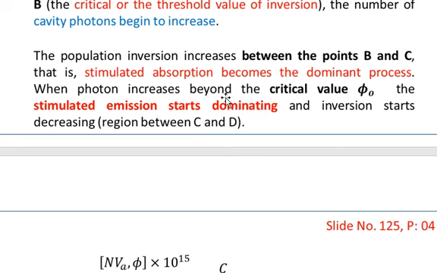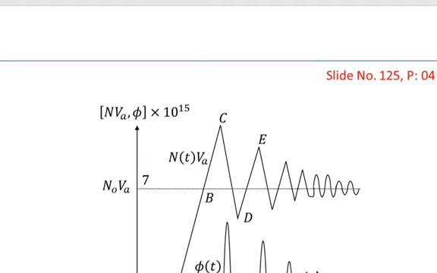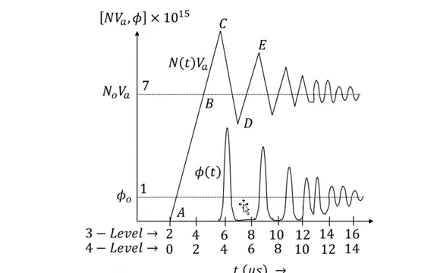When the photon number increases beyond the critical value phi naught, the stimulated emission starts dominating and the inversion starts decreasing between points C and D. So you see that this curve starts increasing until the point C, and from point C to D this curve starts decreasing. So it increases, and then you see that it starts decreasing.